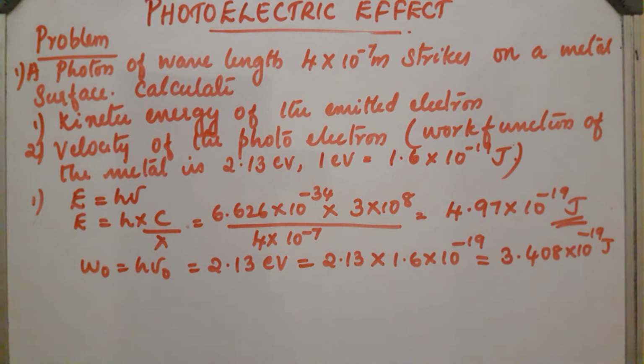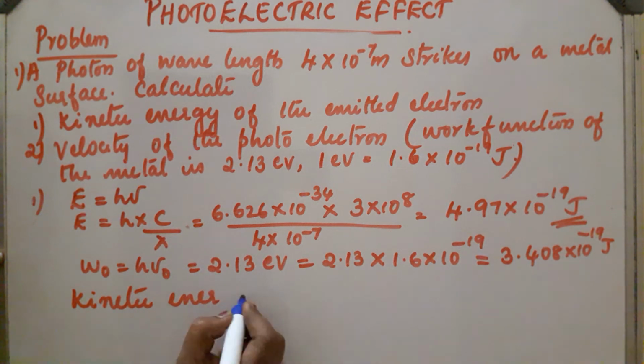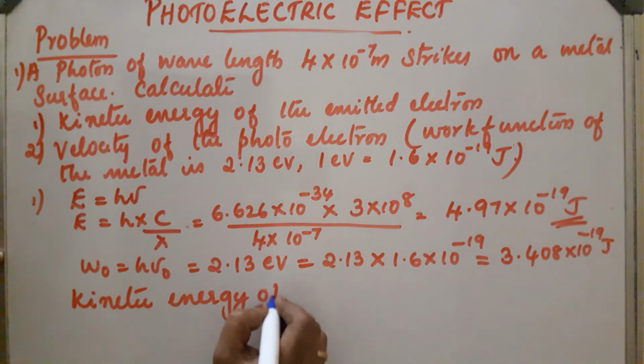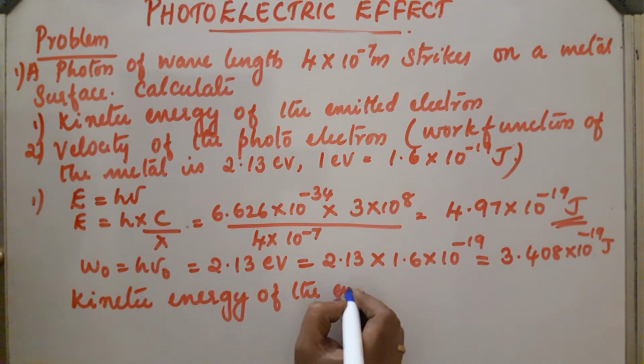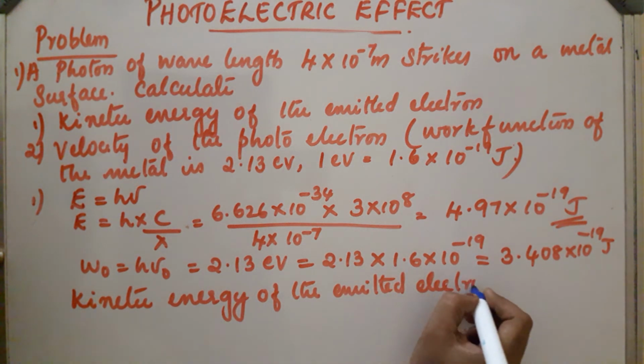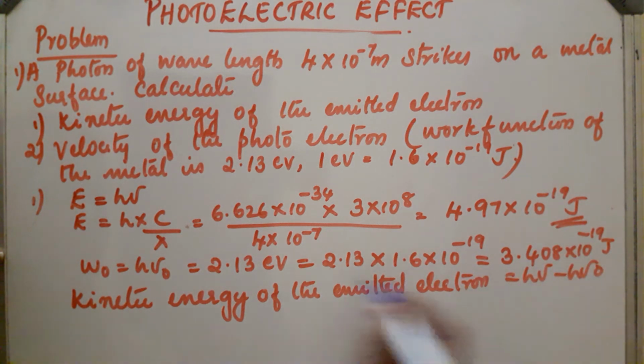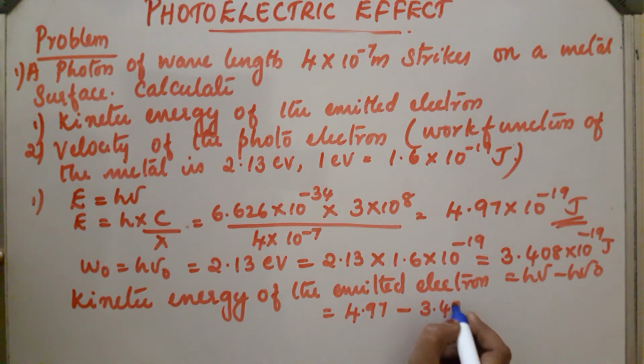Now we have to subtract these two, then we will get the kinetic energy of the emitted electron. So kinetic energy of the emitted electron is equal to h nu minus h nu 0, which is 4.97 minus 3.408.